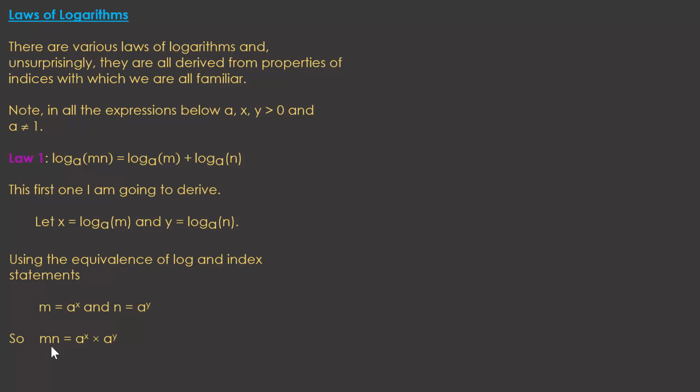So m times n is a to the x times a to the y, which means m times n is a to the x plus y using the appropriate index law.